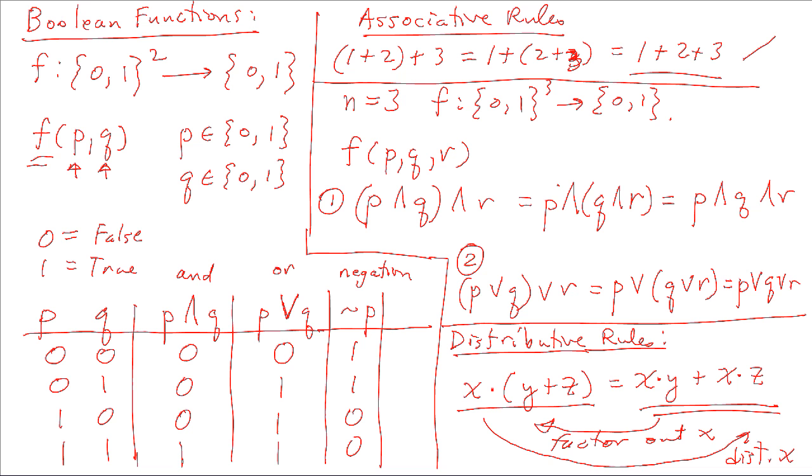I think that's just what it's called, what you do. And you might call it the FOIL method if you have two variables instead of just x. So that's the distributive law in the algebra of numbers world.